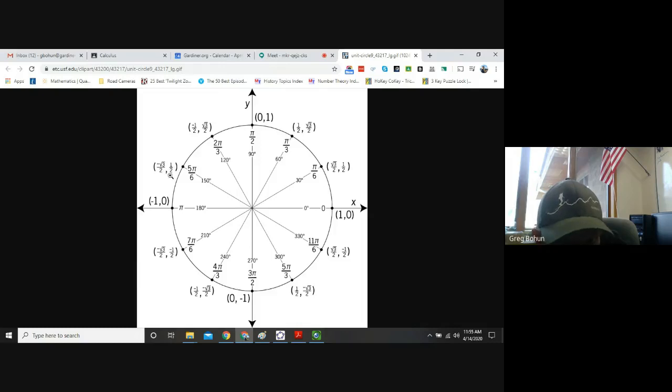Right here. Y over x, we will have 1/2 over minus square root of 3 over 2. The 2's will cancel, and 5 pi over 6 will be 1, and the other place is right here. At 11 pi over 6, the tangent will be minus 1 over the square root of 3. So we have our critical points.